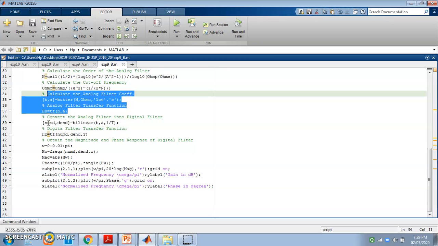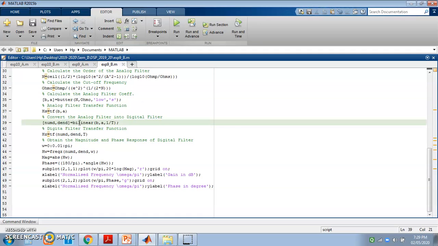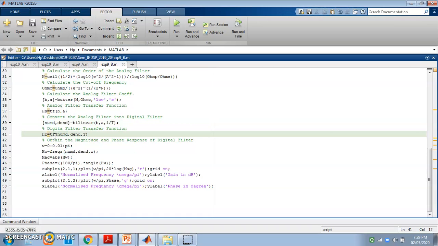You may say the numerator of digital filter, denominator of digital filter is equal to bilinear of analog filter coefficients, that is b comma a, and this is converted into the digital filter by using the sampling frequency that is equal to 1 by T. So here I am having the equivalent digital filter whose transfer function can be obtained by using command again, tf of numerator of digital filter, denominator of digital filter, and with sampling period T. So here I am having the transfer function of equivalent digital filter.